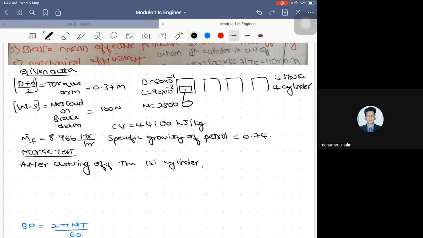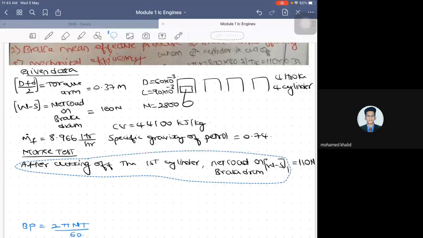So the net load on the brake drum, that is nothing but W minus S of 1, is 110 newtons. So this is when the first cylinder is being cut off.